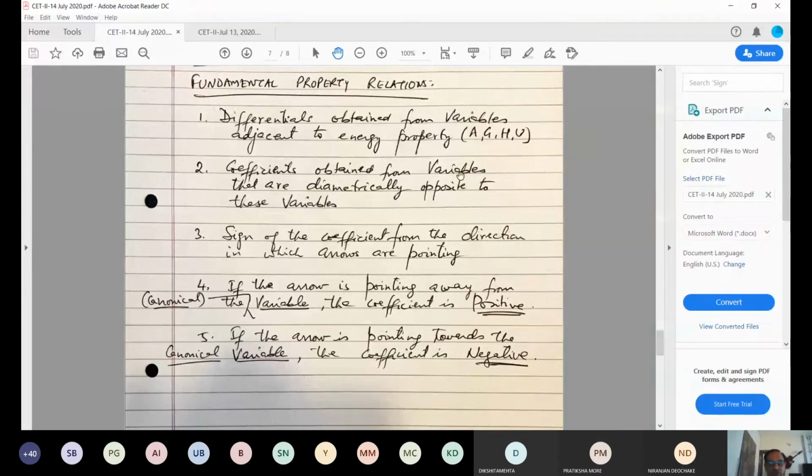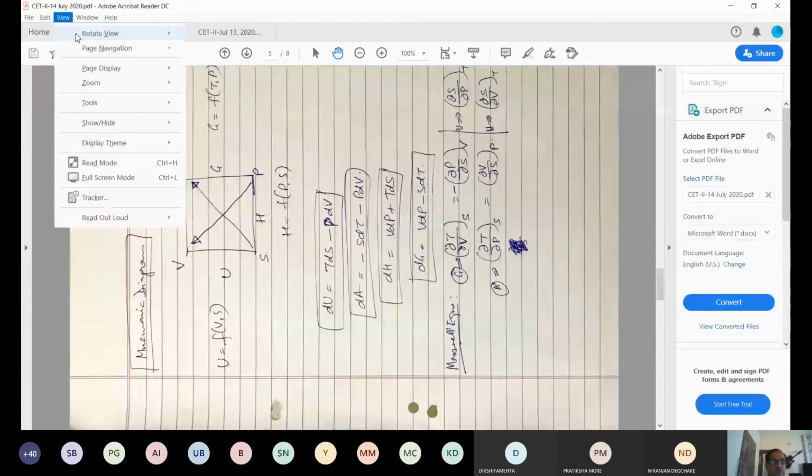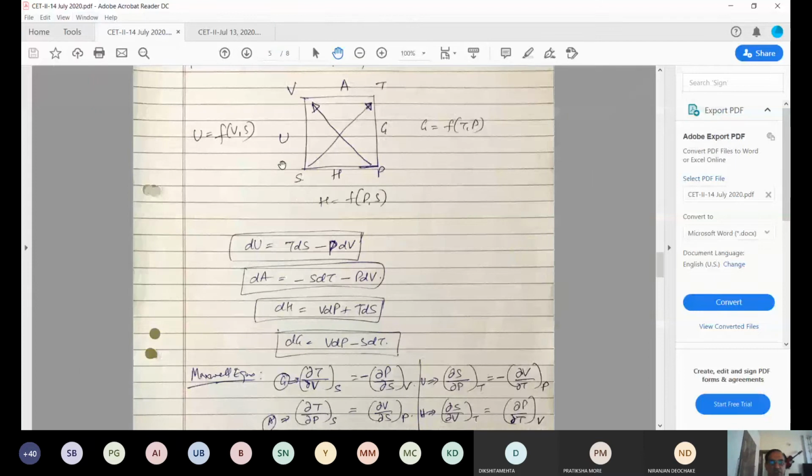What that means is, canonical variables are ds and s, p, t and v. So we take ds, and if we take U, then it is dv and ds.